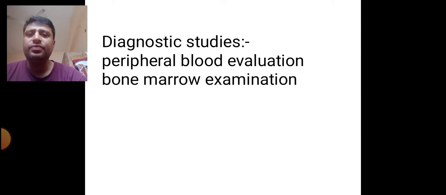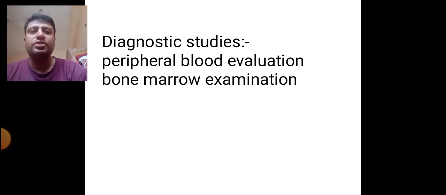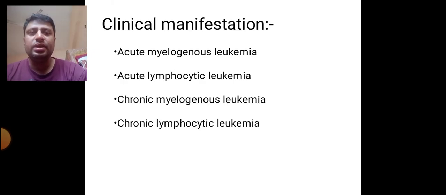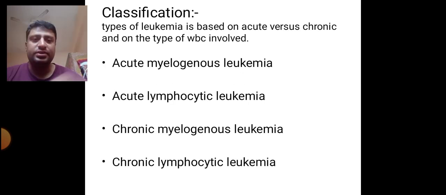In case of acute myelogenous leukemia, diagnostic findings are low RBC count, low HB, low HCT, low platelet count, low to high WBC count with myeloblasts, high LDH, hypercellular bone marrow, and myeloblasts.